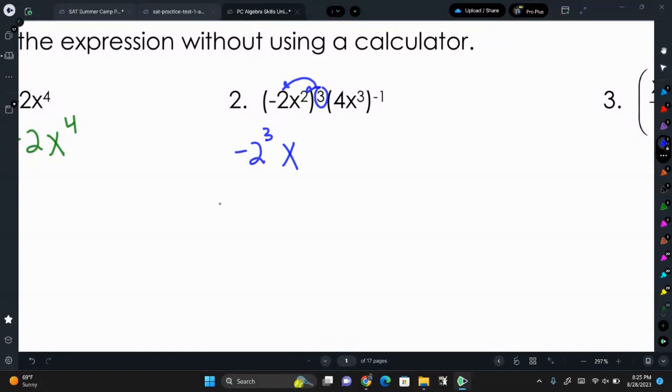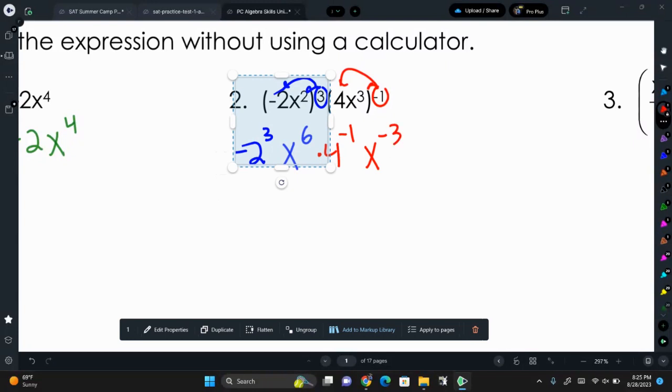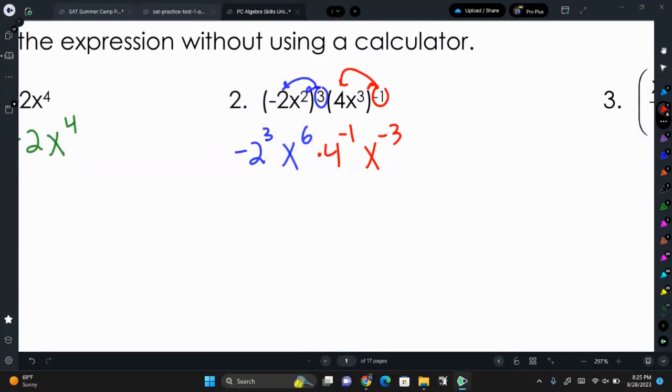So x squared raised to the third power, 2 times 3 is 6. Now we're going to do the same thing with this negative 1. So we're going to have 4 times 4 to the negative 1 power, and then x to the negative third power, because positive 3 times negative 1 is negative 3.